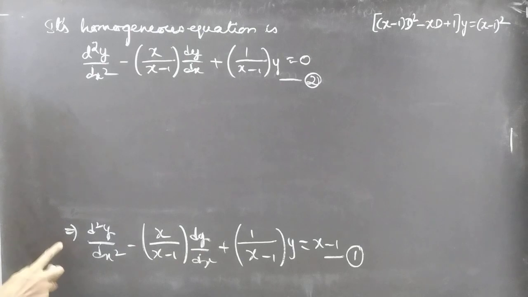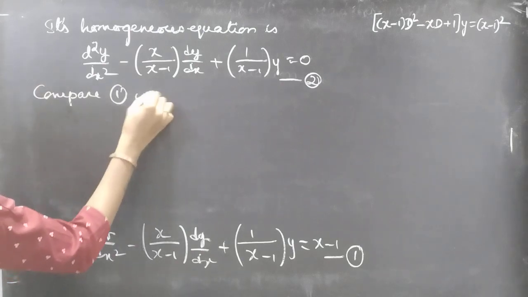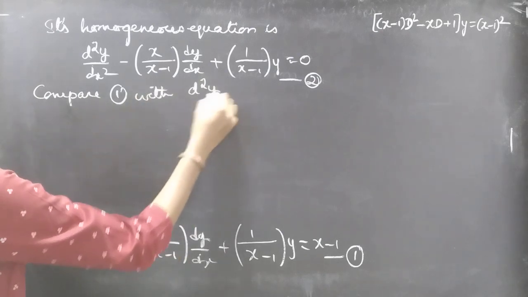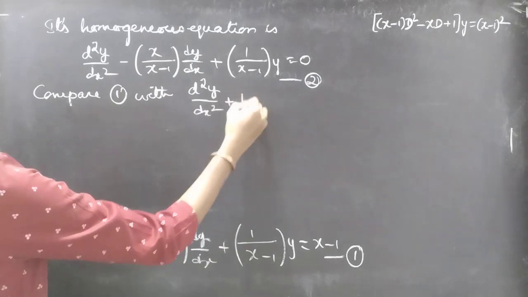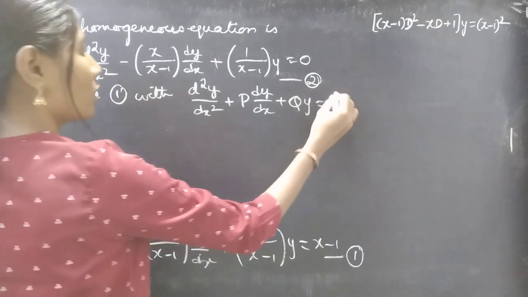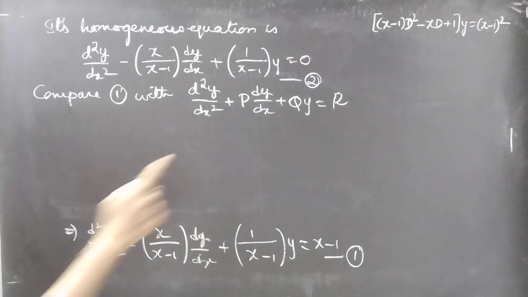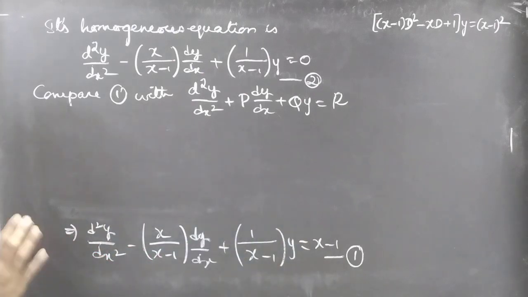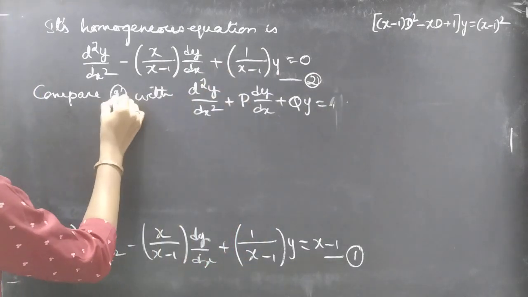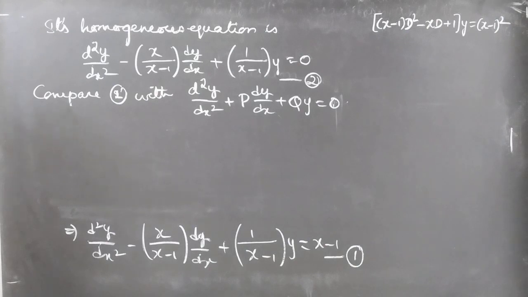Now I'll just compare 1 with the standard form d squared y by dx squared plus p into dy by dx plus q into y equal to r, because I need r. Okay, for that purpose I am going to compare with this equation 1, or you can just compare 2 with this and write p and q.